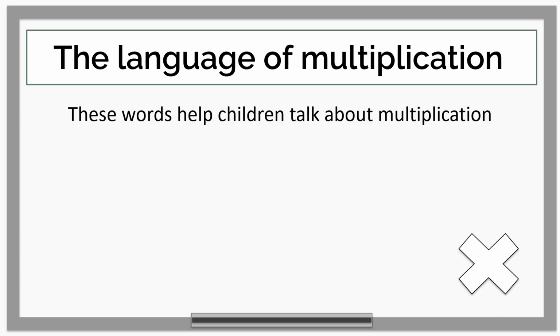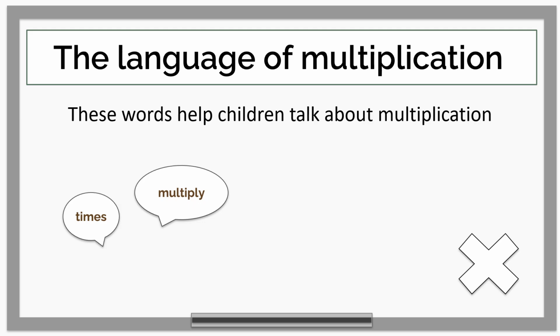The language of multiplication. These words help children to talk about multiplication when we're looking at groups. The first, which children may be familiar with, is times. 3 groups of 6 or 3 times 6. The next, which has the same meaning, is multiply.